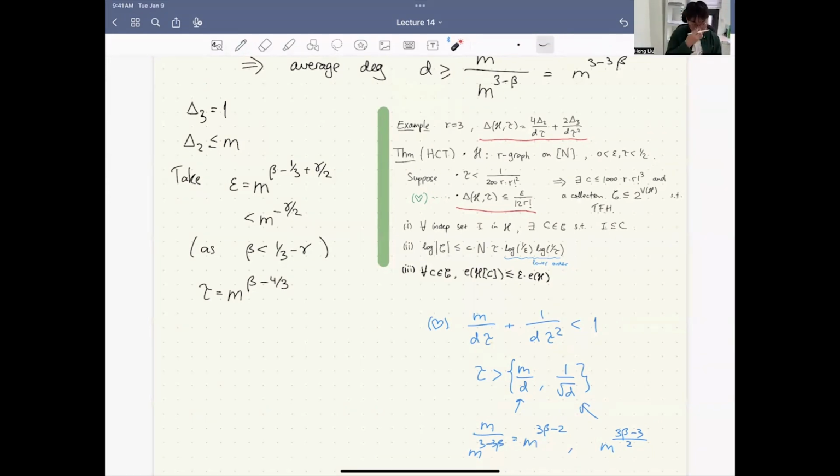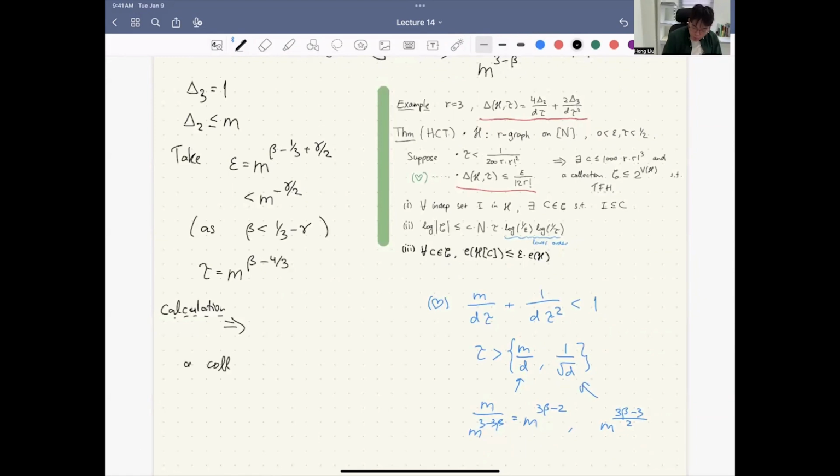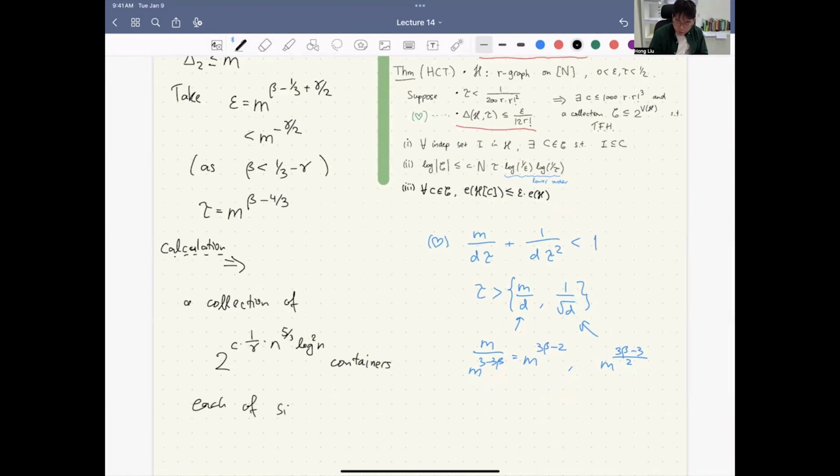When you choose this tau, after some calculation, what we get is a collection of 2 to the some constant 1 over gamma times n to the 5 over 3 log n squared containers, each of size at most n to the 8 over 3 plus gamma, the size where we stop.